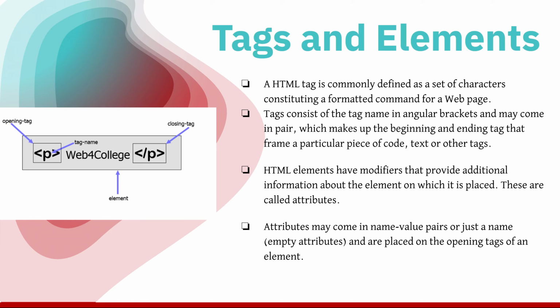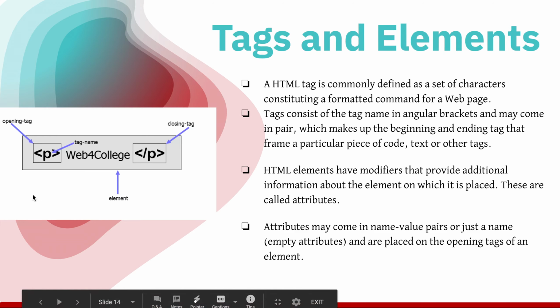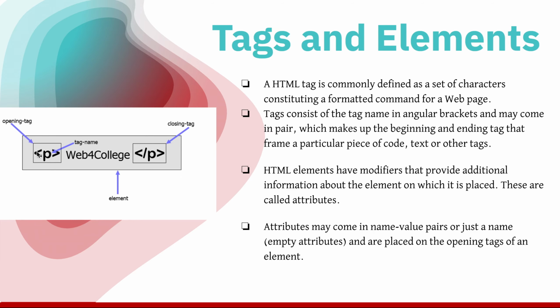So, what is a tag? It is commonly defined as a set of characters constituting a formatted command for a web page. All right. So, if you look at the image on the left, you would see a less than, okay, and then a greater than. In between you have a character, okay.